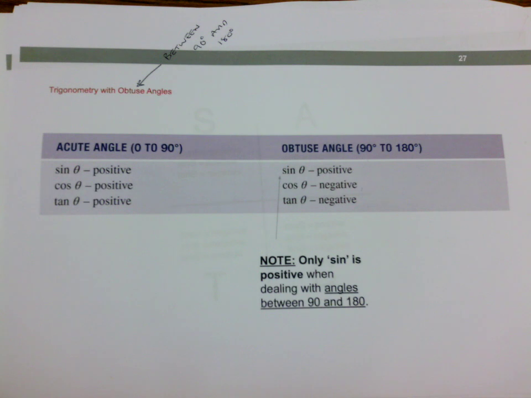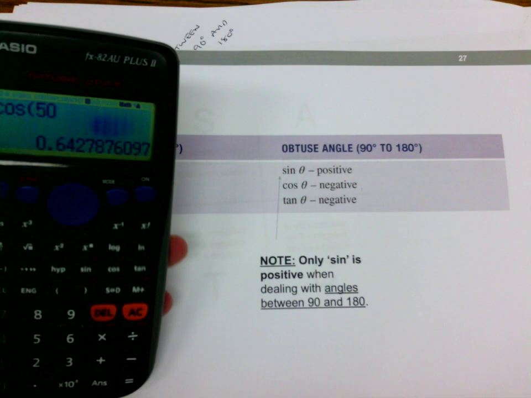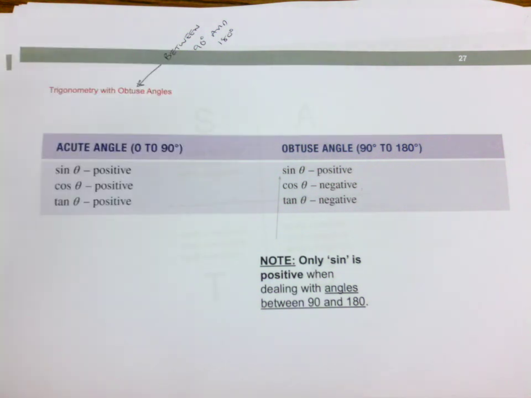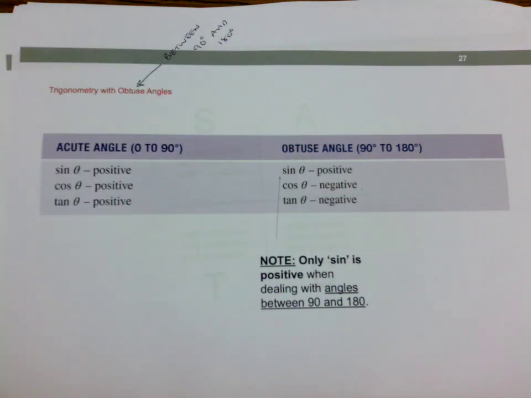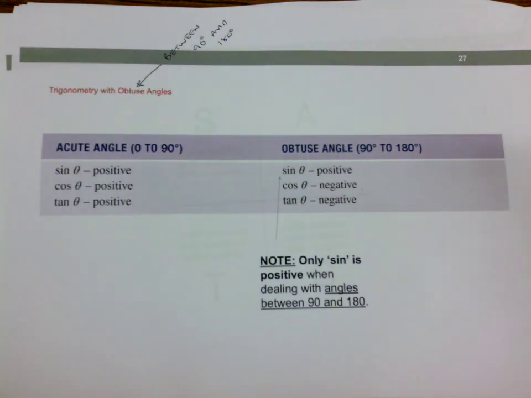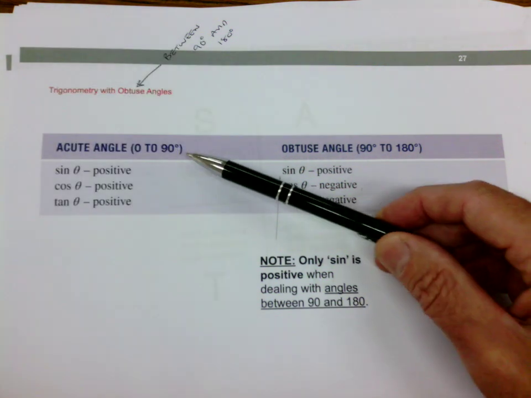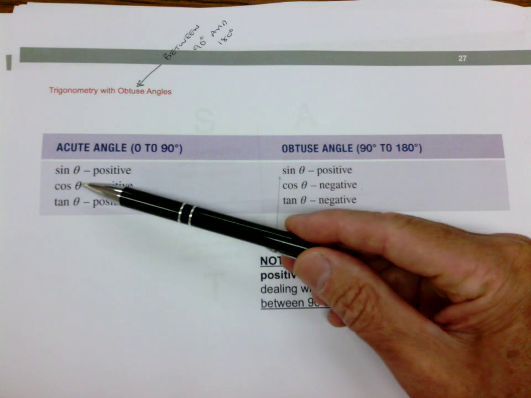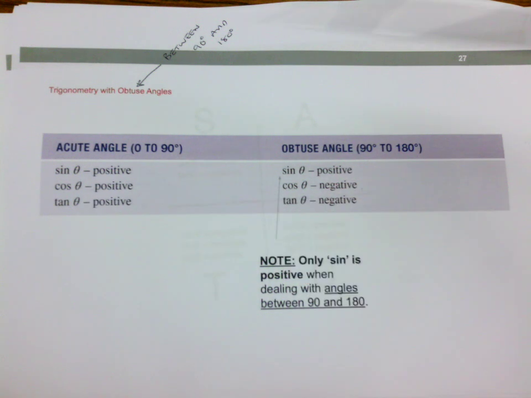Let's try cos of 50. 0.6427, yep. Another positive number, and if you do tan of 50, yeah, there we are, 1.19, so we see that that is also positive. And if you try any angle between 0 and 90, sine will always be positive, cos will always be positive, tan will always be positive.